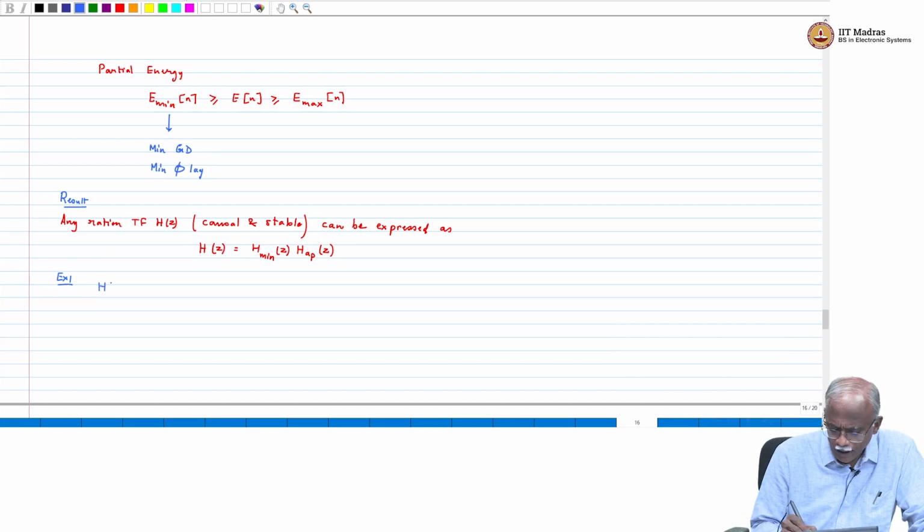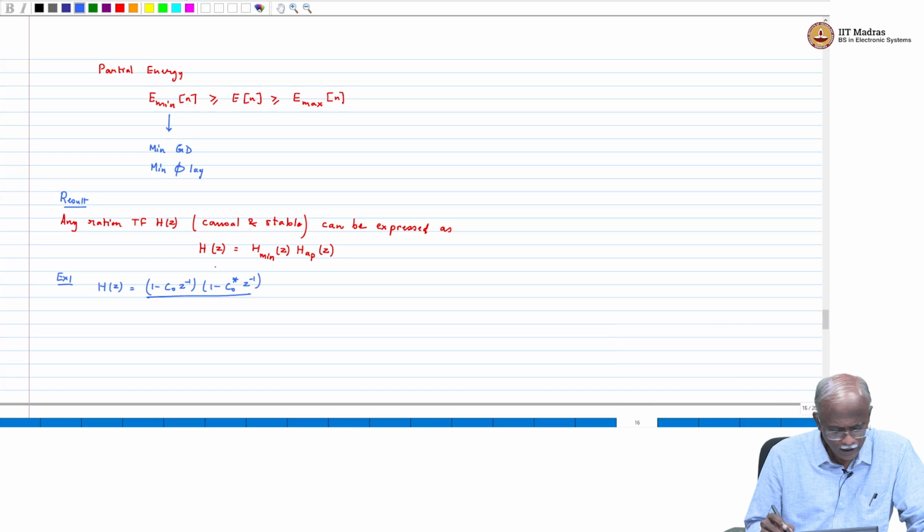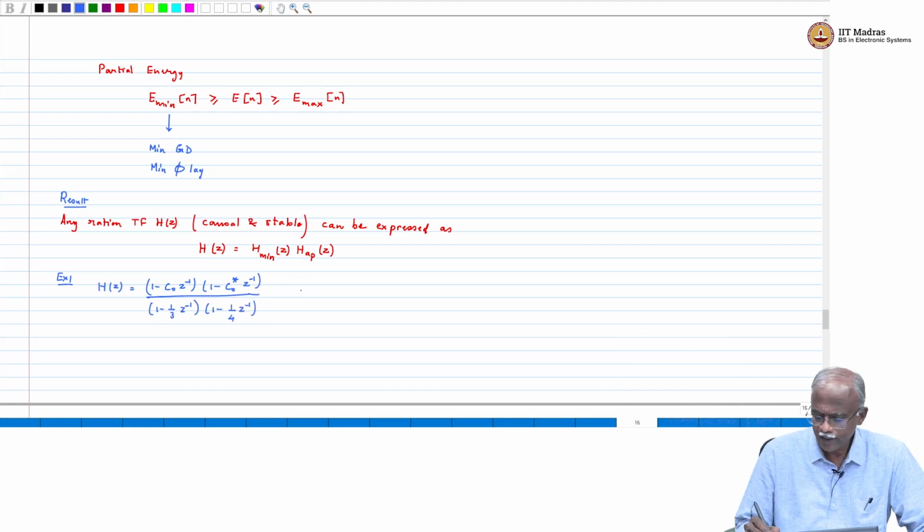H of z equal to 1 minus C naught Z inverse, 1 minus C naught conjugate Z inverse, divided by 1 minus 1/3 Z inverse, 1 minus 1/4 Z inverse. Okay, and we are given that C naught is equal to 3 by 2 e power j pi by 4.